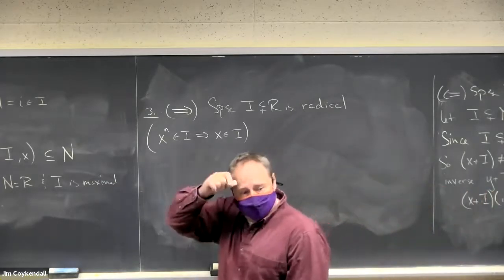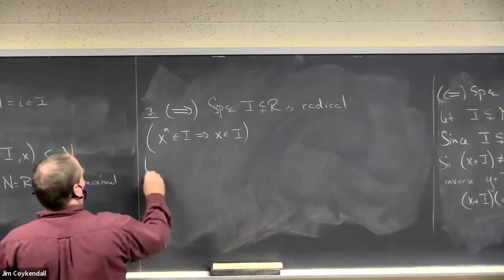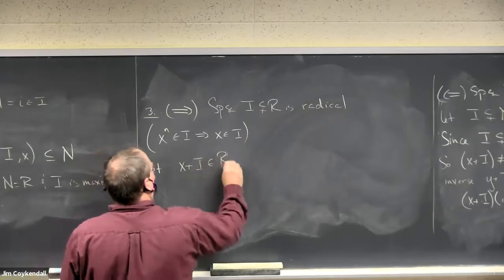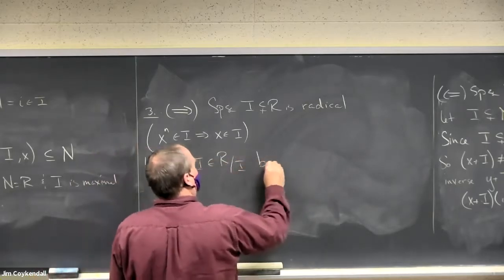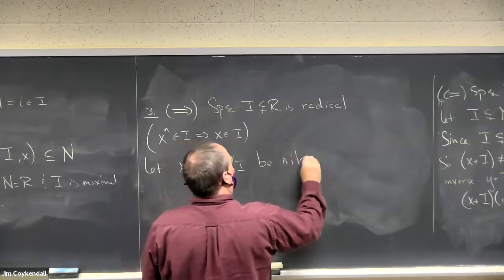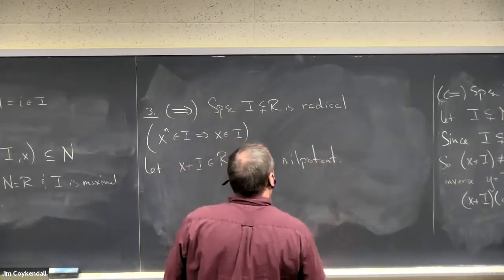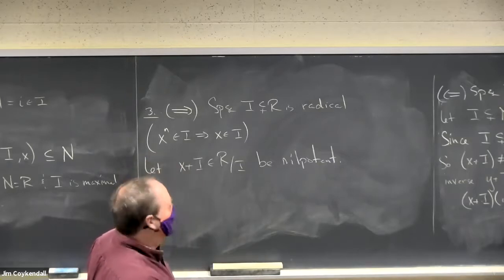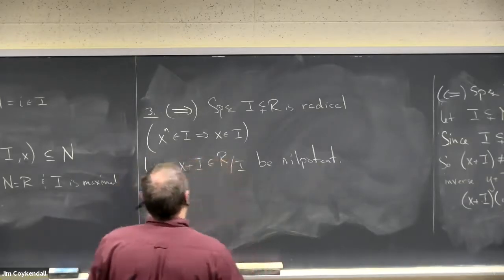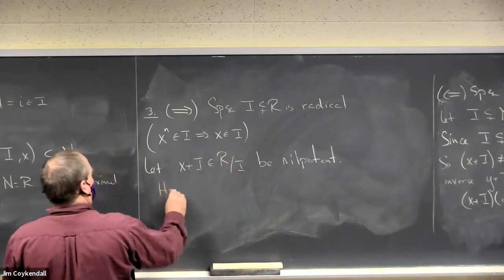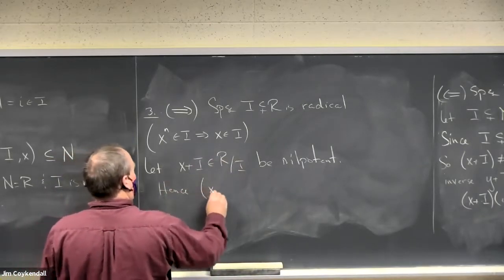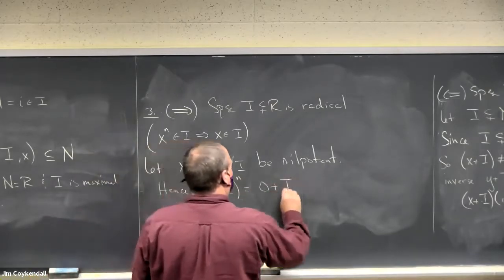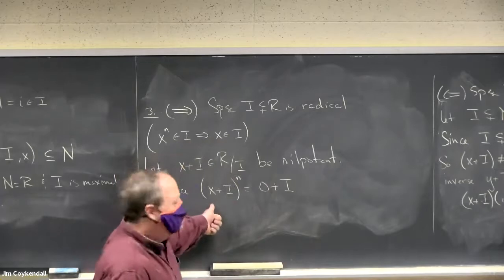All we have to do now is show that R mod I is reduced. We need to show that there aren't any non-zero nilpotents. That's what it means for this coset to be nilpotent.